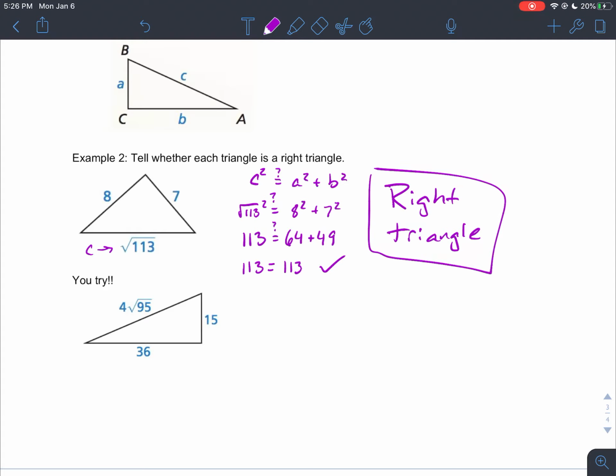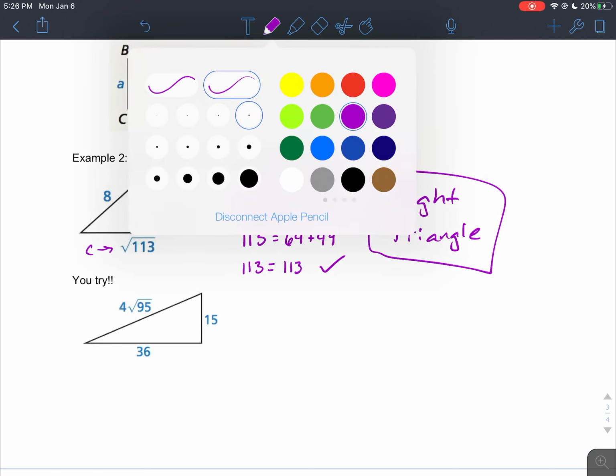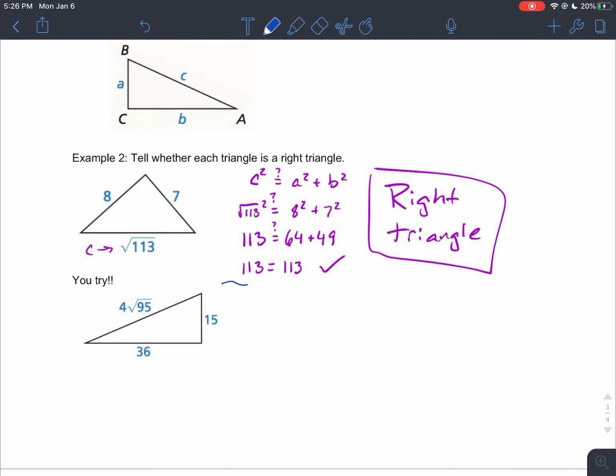Okay, so I know you're not finished, and I'm not going to go over the whole thing yet, but I do want to address this 4 square root of 95. Visually, you can tell that that is your longest side, so that's going to be your C. Is c squared equal to a squared plus b squared?